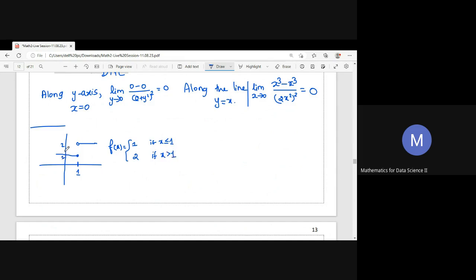Now what is the limit as x goes to 1 from the left? From the left side, what is the limit?